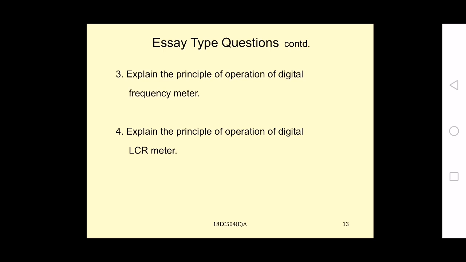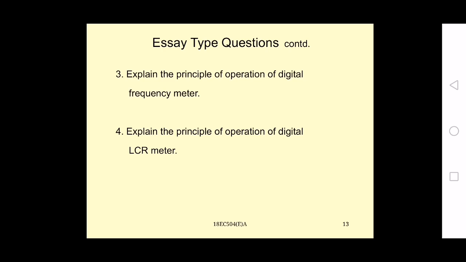Totally you will be having 4 essay type questions. If this question is also taken, you will be having 5 essay questions, that is, explain the accuracy measurement of the digital frequency meter. We can consider that for the essay question by taking examples for each of the accuracy specifications, that is range measurement, reciprocal counting and accuracy specifications.